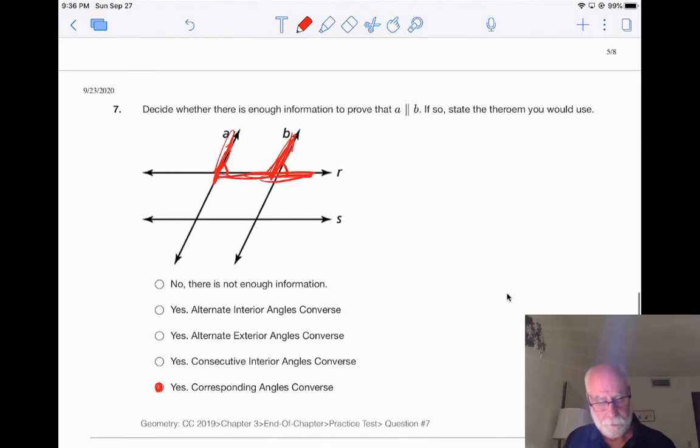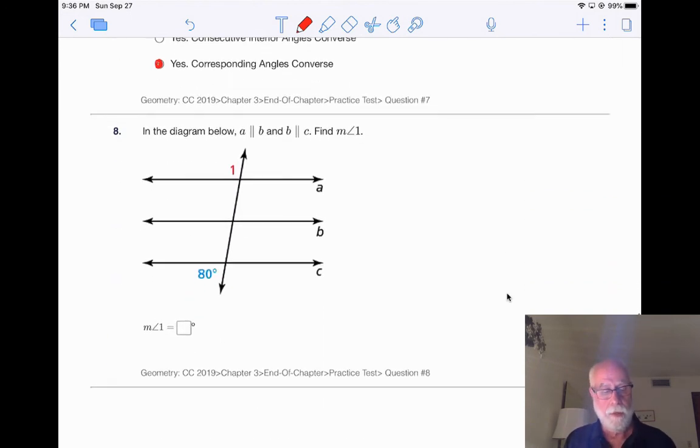Okay, in the diagram below, A is parallel to B and B is parallel to C. So this is that transitive property. So remember, if 80 is here, we also know that this angle is also 80 degrees, right? Because they're corresponding angles.